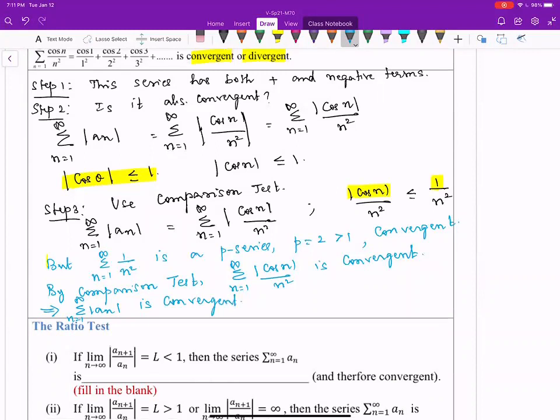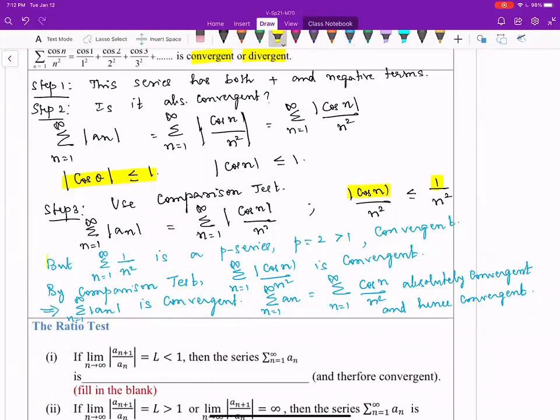Proving that sigma a_n is absolutely convergent, and hence convergent. Absolute convergence implies convergence. And this is the conclusion of this problem.